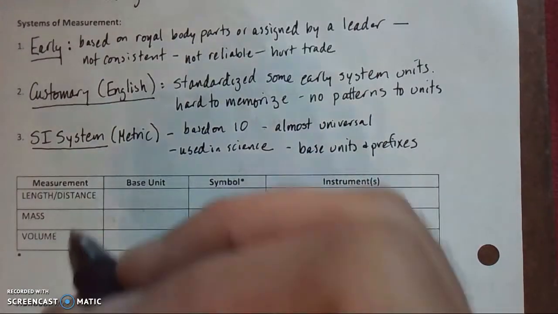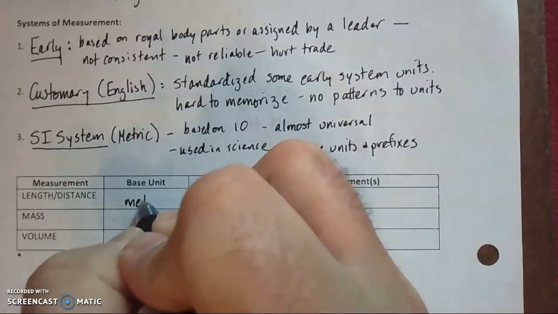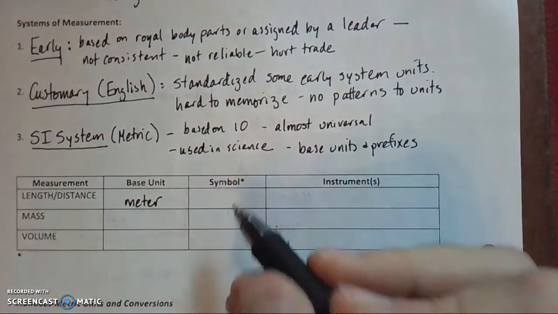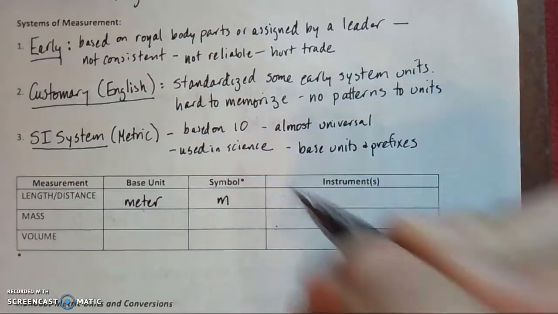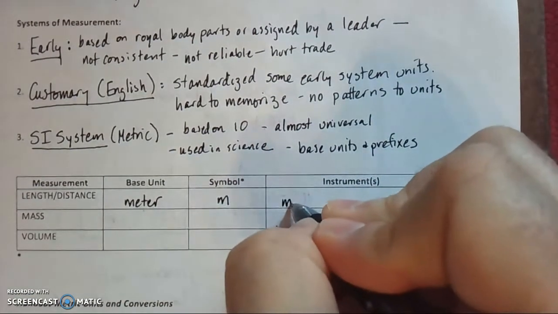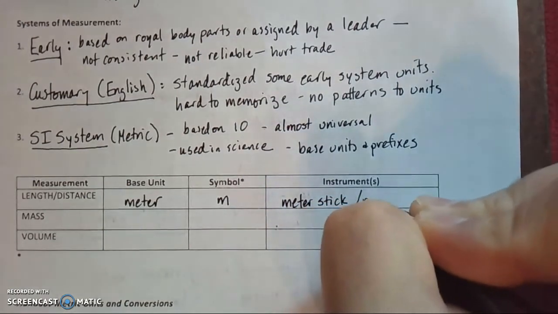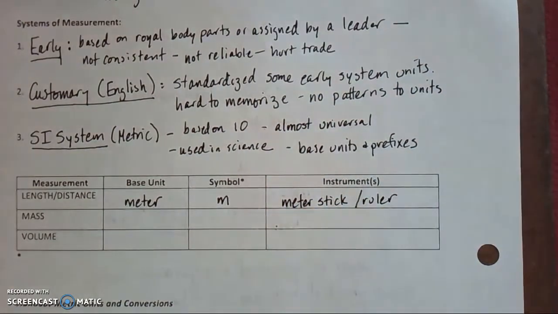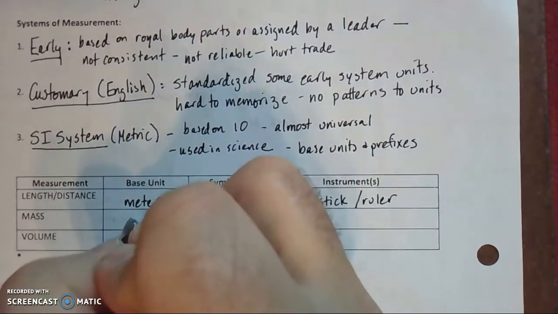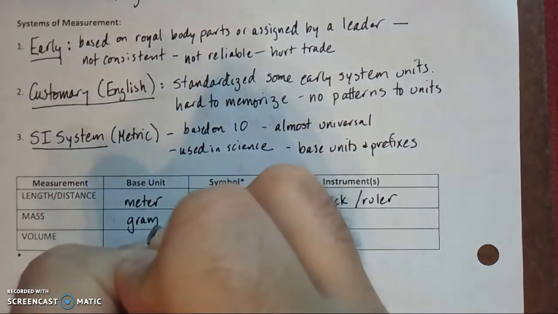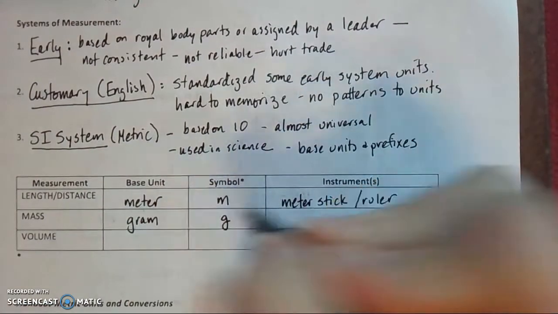So for length and distance, our base unit is the meter. The symbol is a little m. And we use either a meter stick, please do not say a yardstick, or a ruler to measure length or distance. Mass is gram. Its symbol is a little g.